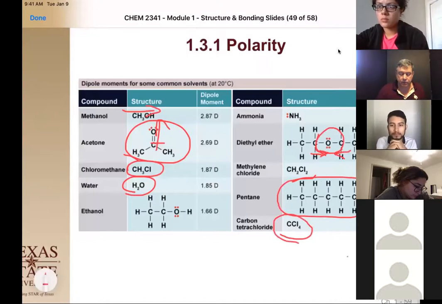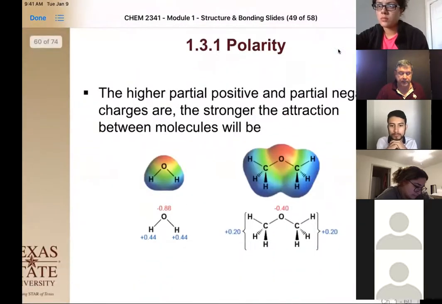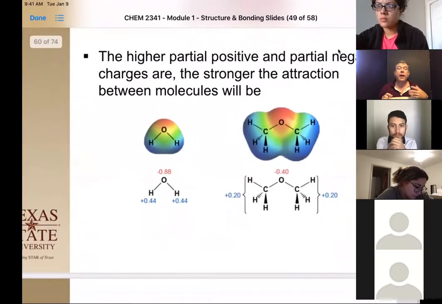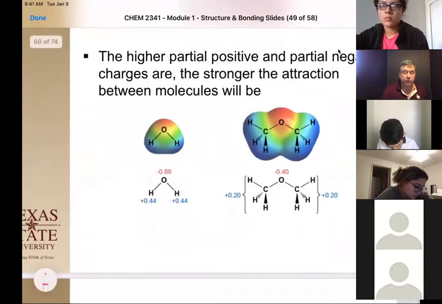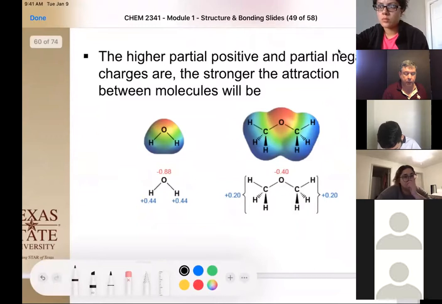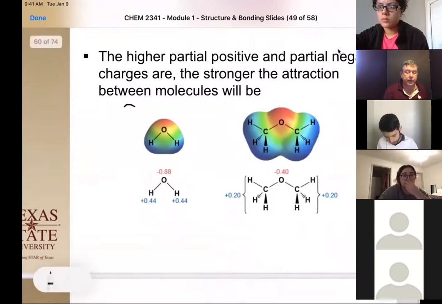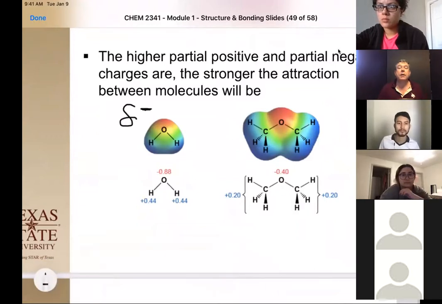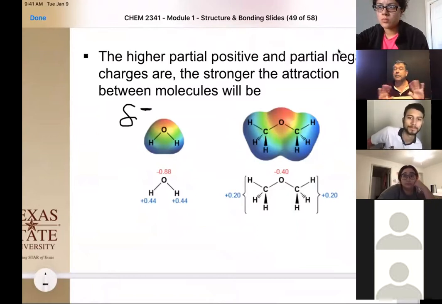Okay, so where does that leave us? Well, if we have a polar molecule, that means there's going to be one side of the molecule that has a slightly more negative charge than the other side. We call those partial positive or partial negative charges. The way we write that is, for partially negative charges, we'll do a delta minus, meaning it's not a full negative charge, it's not an ion.